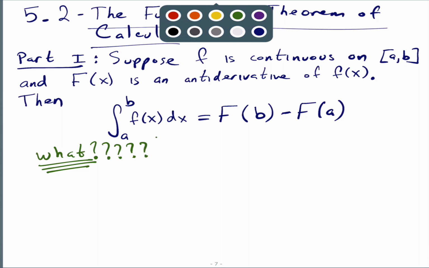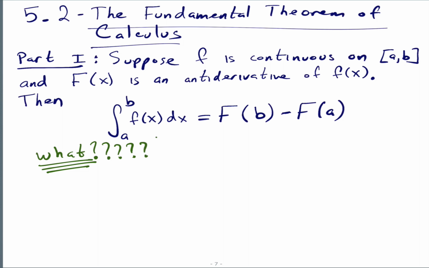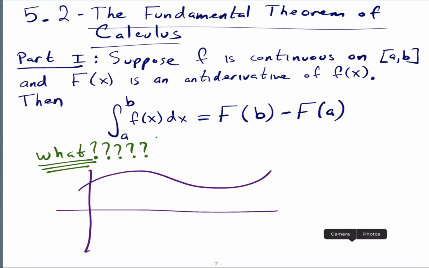So let's get a good understanding here. Let's say, for example, you take your function here. Let's say this is f of x, and think of this as representing velocity, just like the example we just saw.